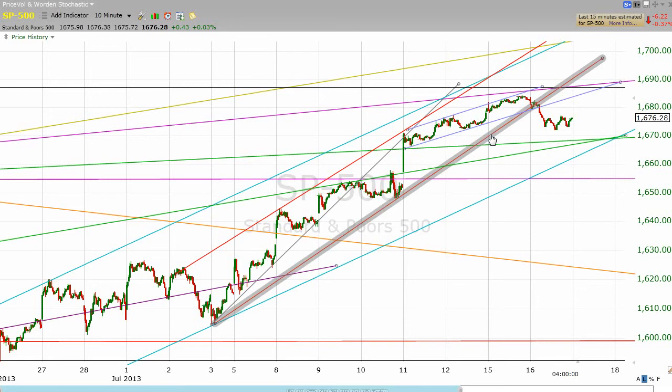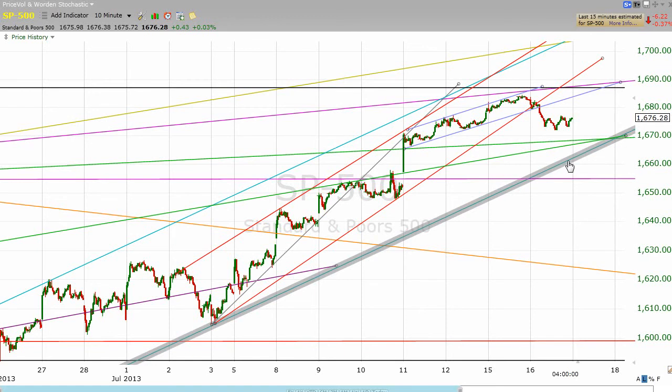So what does this mean? Well, when this little blue channel broke, expect short-term weakness. When this red channel broke, I would say expect a little bit more of a dose of weakness. And if this channel breaks, which it has not yet, then expect a significant dose of weakness.